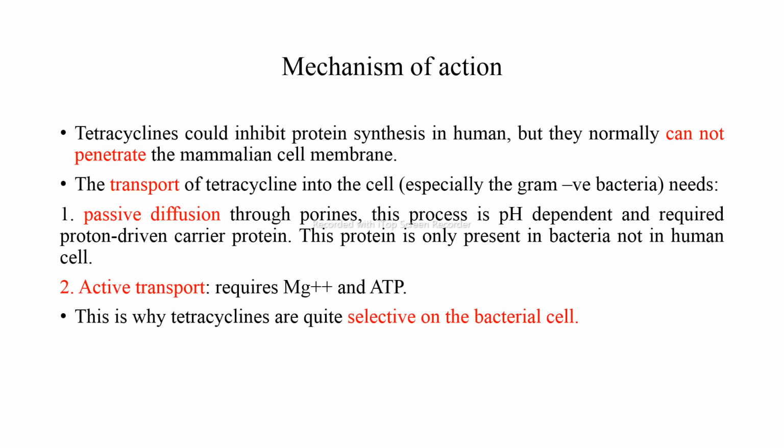They enter by passive diffusion as well as by an active transport mechanism. The active transport mechanism requires magnesium and ATP to cross the barrier of the membrane, and they also cross the barrier through passive diffusion.